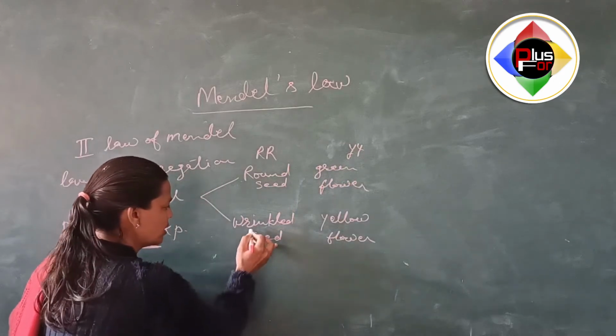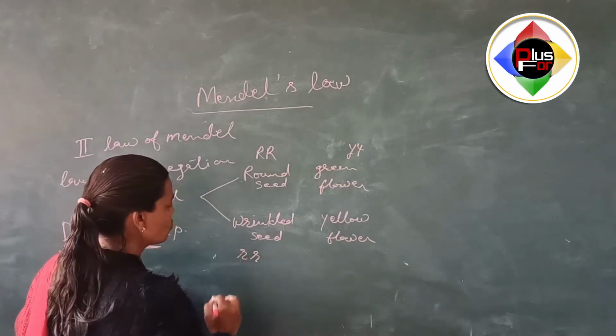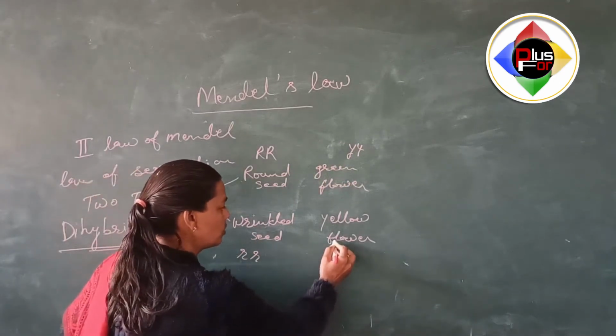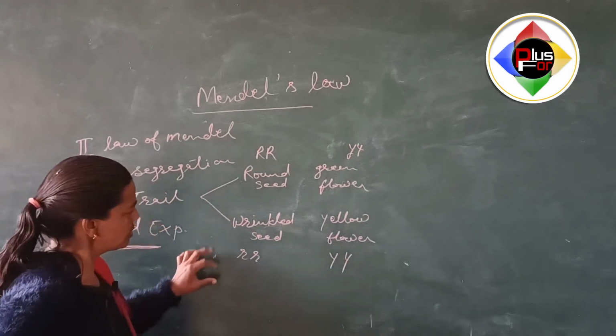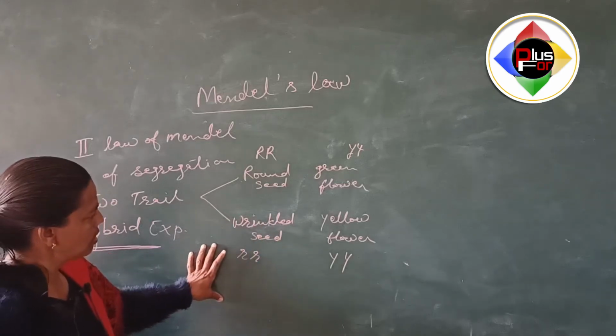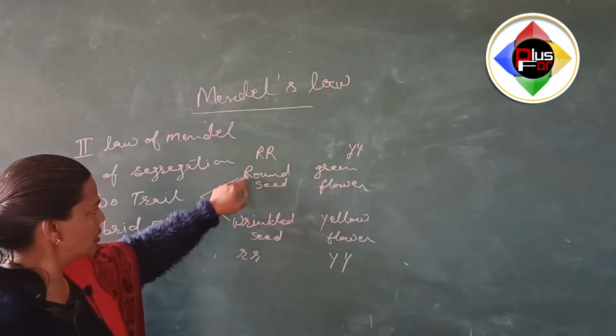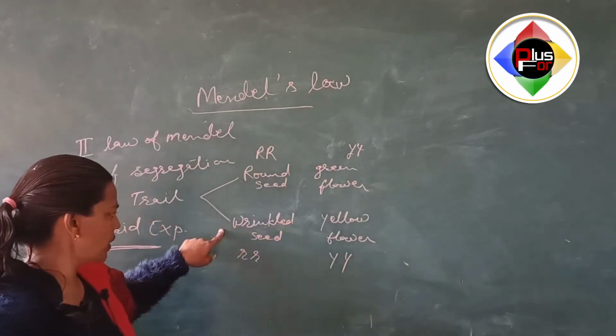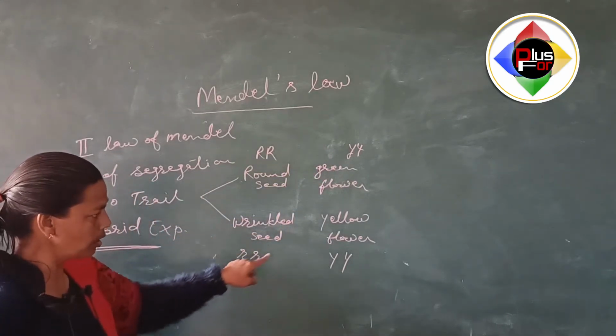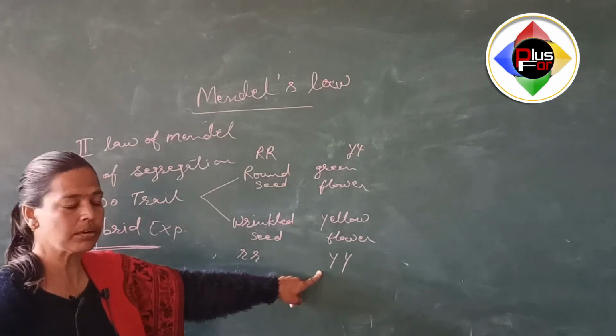Wrinkled seed is denoted by small r and yellow flower by capital Y.